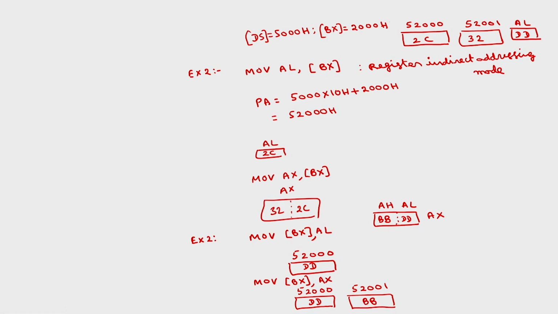So these two are examples of register indirect addressing mode. In one case the transfer is from memory to register, in the other case it is from register to memory.